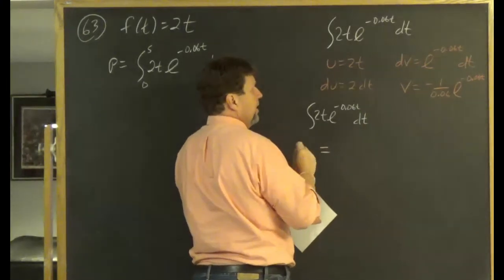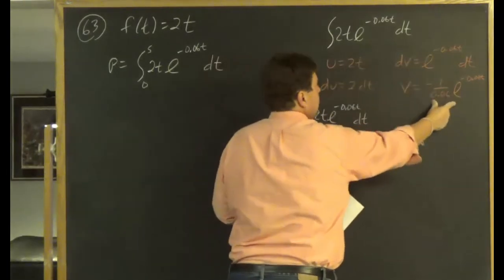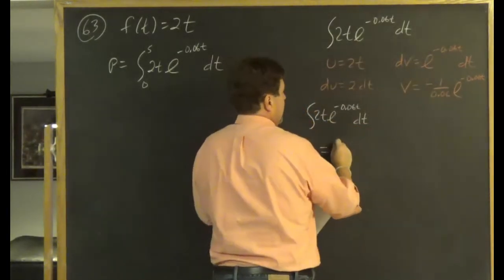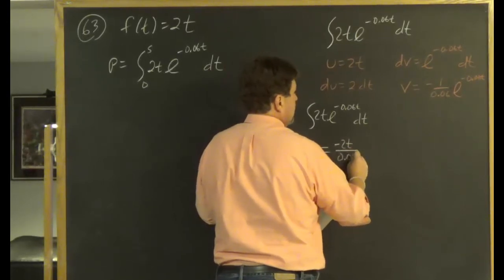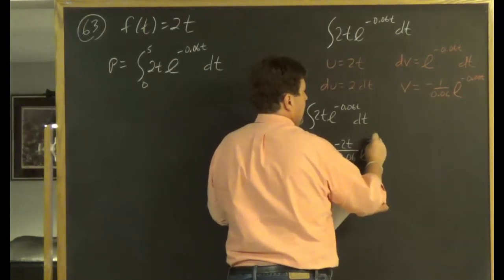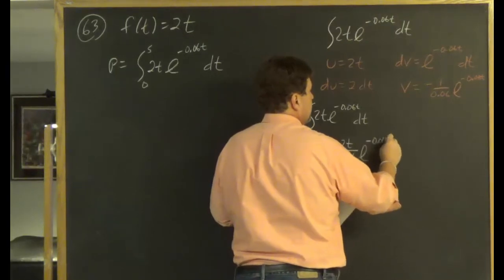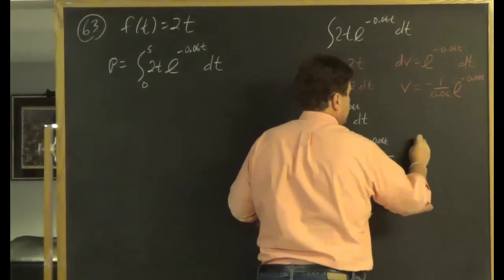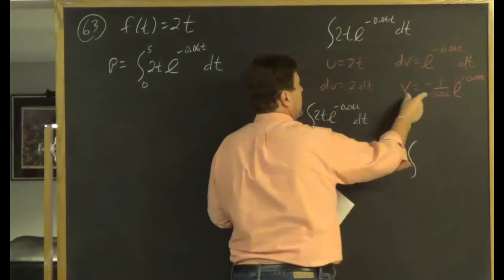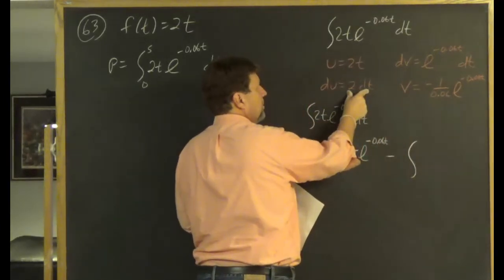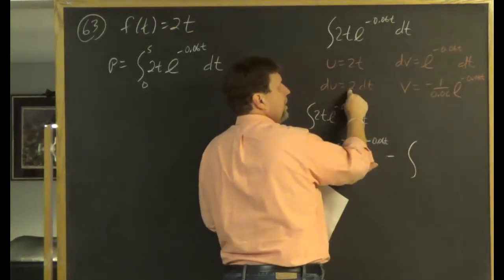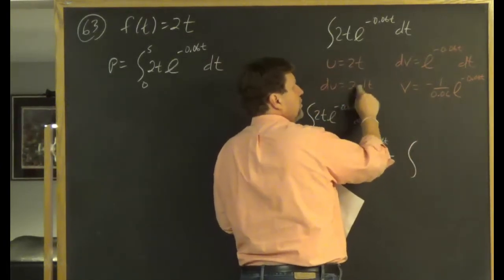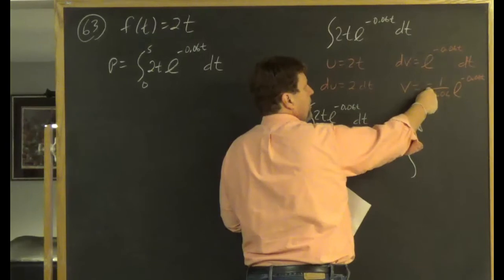equals, using integration by parts, u times v. So that's a negative 2t over 0.06 e to the negative 0.06t minus the integral of v du. So v du, notice there would be a 2 times this.